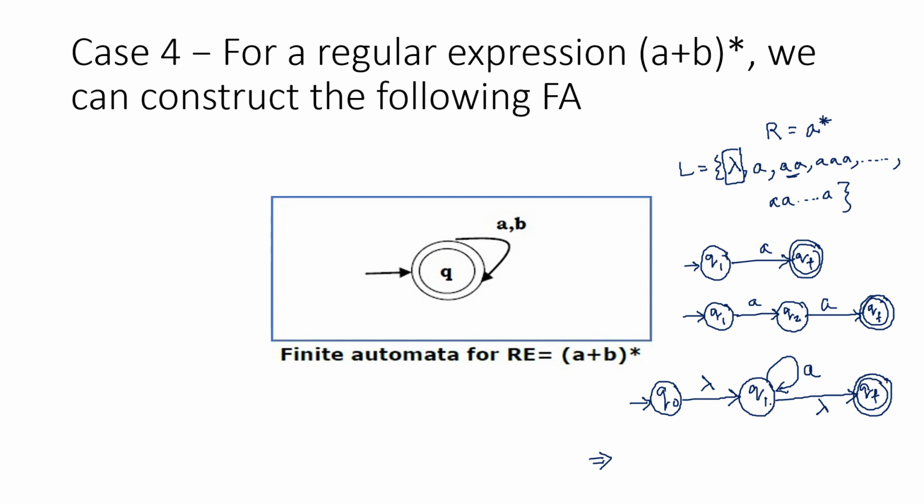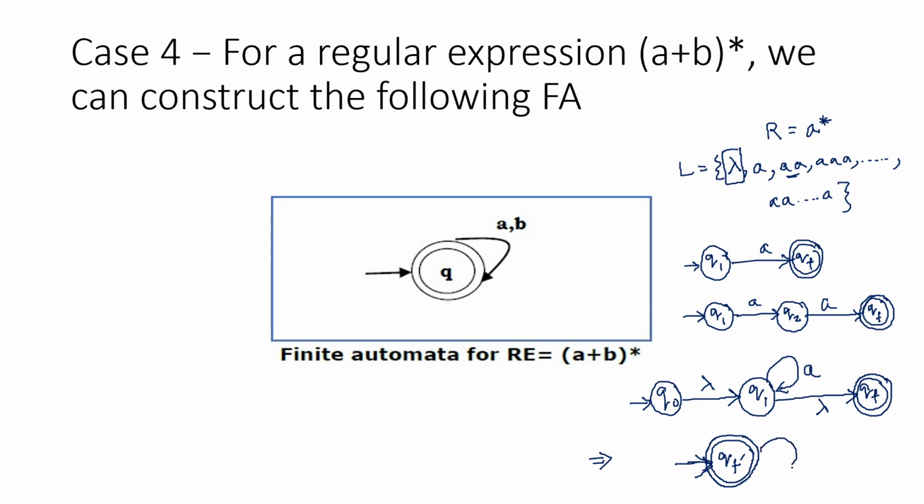Similarly, if I can go from Q1 to QF without consuming any symbol because of this lambda, then why would I put Q1 and QF as separate states? It is not needed. That's why we can merge these three states to put in a single state, say QF dash, which is the initial state as well as a final state.